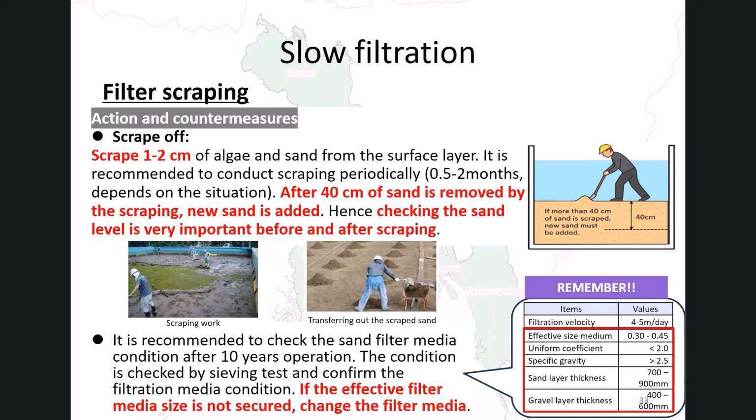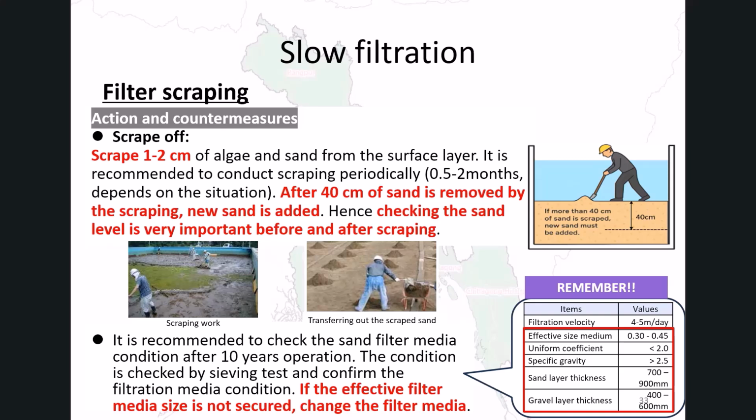There are not many actions, all you have to do is scraping off. This is carried out by removing about 1 to 2 centimeters of the top sand layer where the algal mat and biofilm have developed. This work is recommended periodically, usually every half month to 2 months, depending on the condition of the filter surface and head loss.